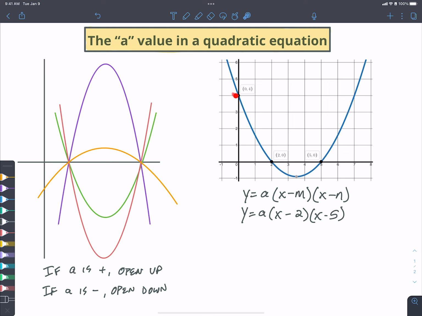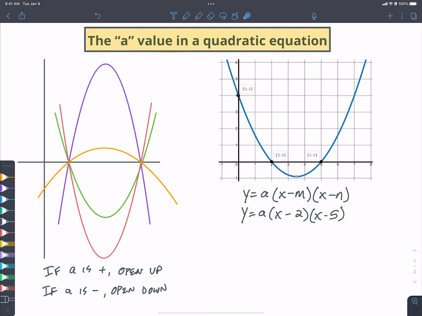But since we can drop in (0, 4), our y-intercept, with 0 for x and 4 for y, then we can solve for a. We'll have that piece left, and then we know we've got the equation for this blue parabola right here.